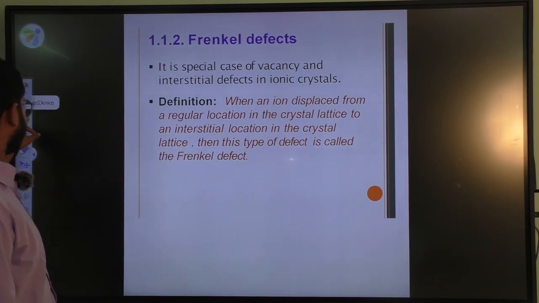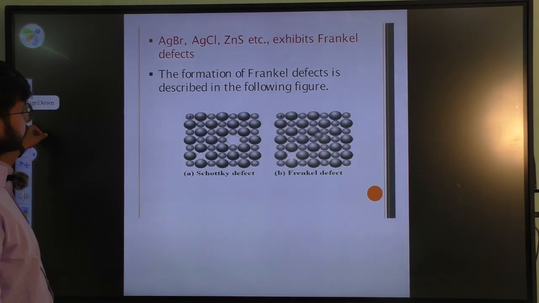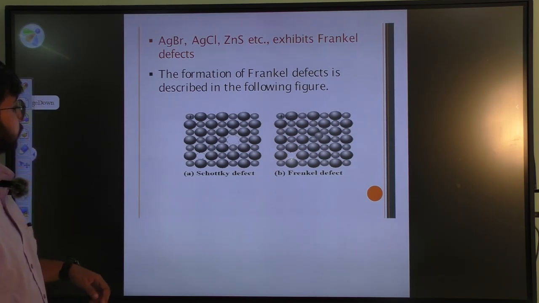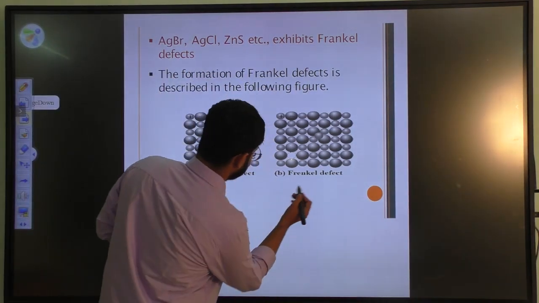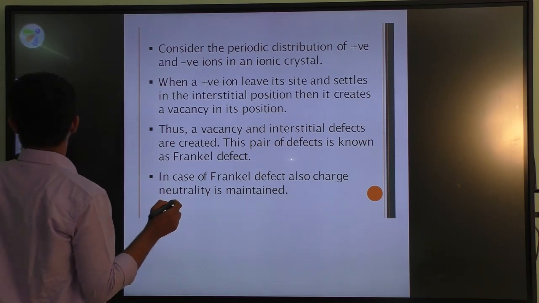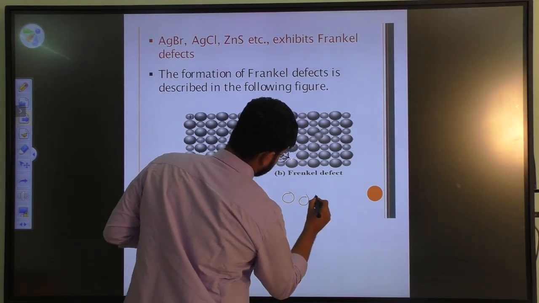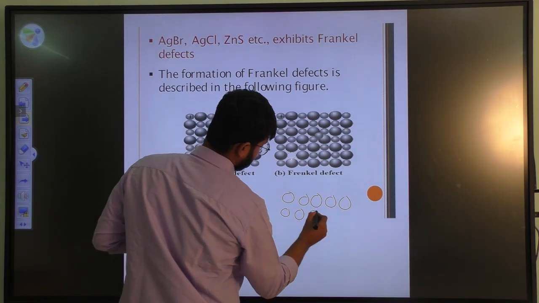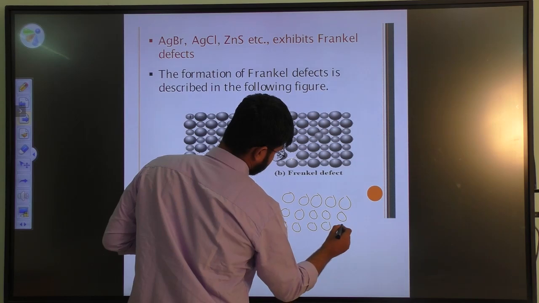But in Frenkel defect, let's consider a lattice. A CsCl lattice, let's consider a CsCl lattice.